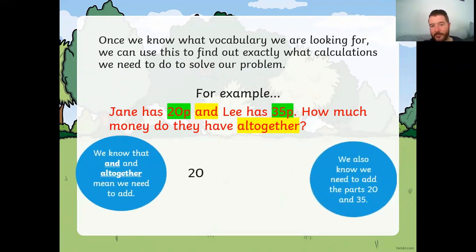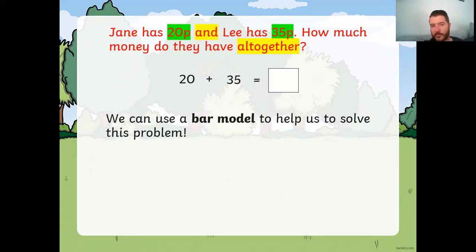So 20 add 35 equals. That's going to be the problem that we need to solve. So we've done the hard work, we've understood the question, we've decided what we need to do, and we've made a problem. Now we can use all those methods we know to calculate the answer. But I'm going to show you how to use a bar model today. So we can use a bar model to help us to solve this problem.